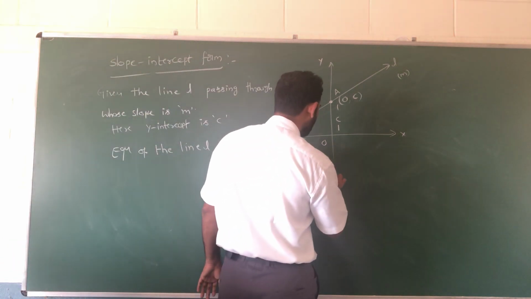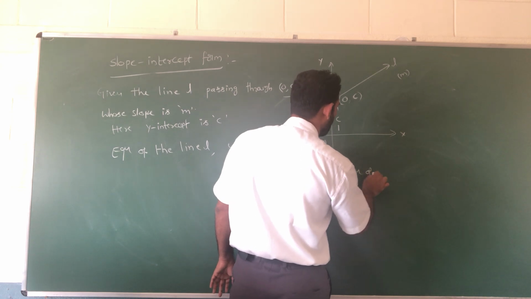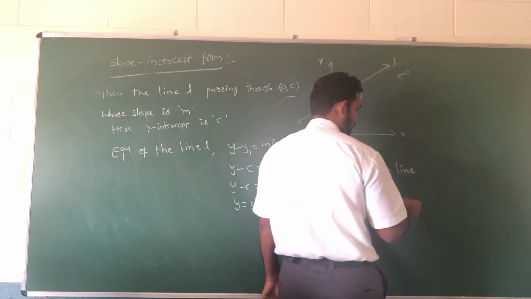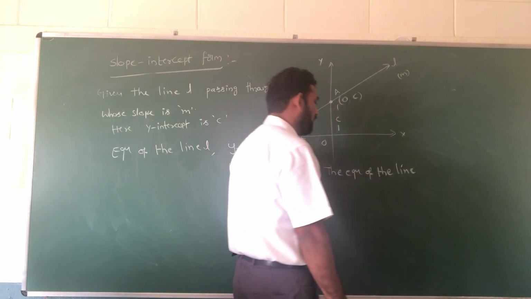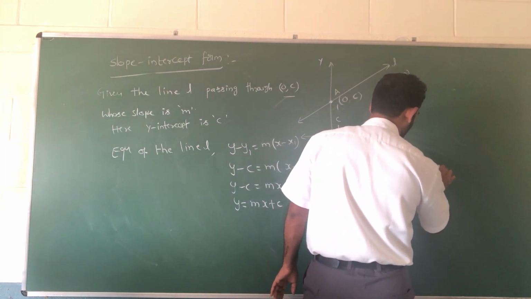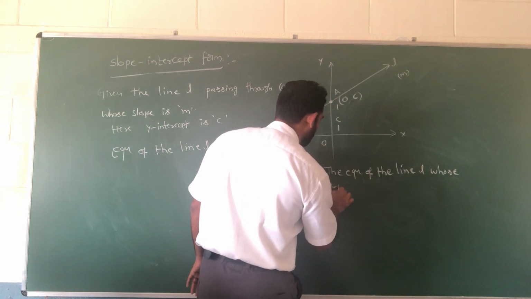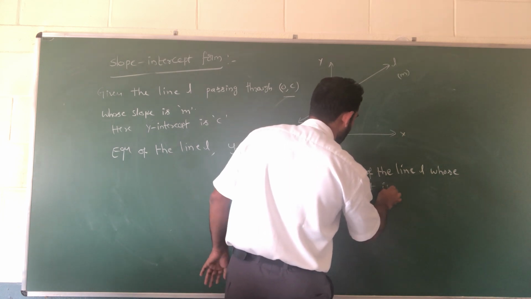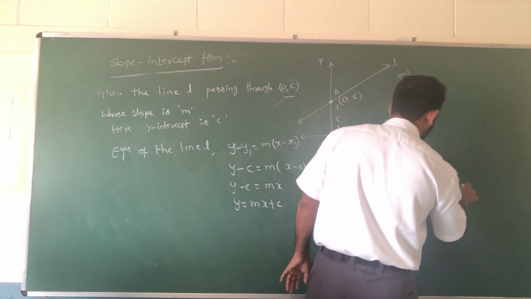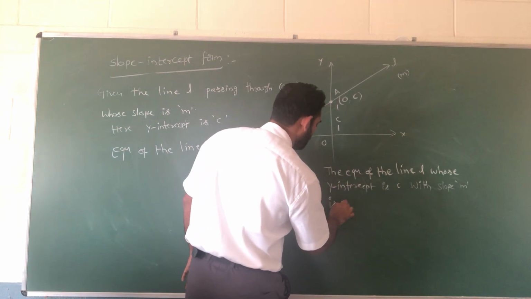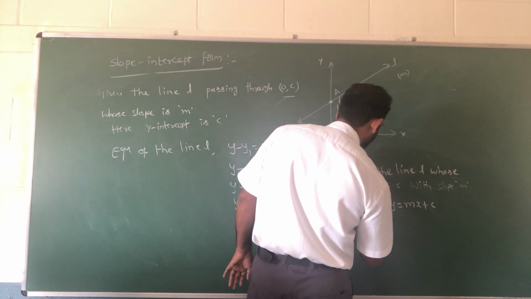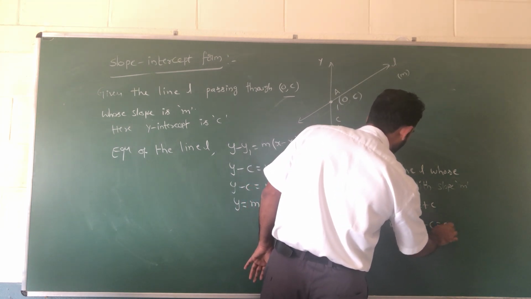Then you write the conclusion. The equation of the line L whose y-intercept is c with slope m is given by y is equal to mx plus c, or mx minus y plus c is equal to 0.